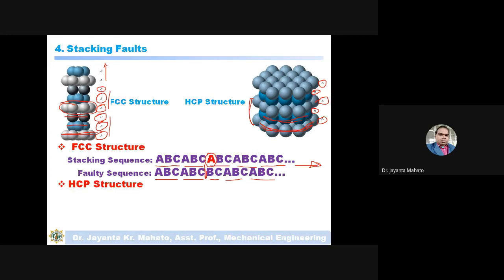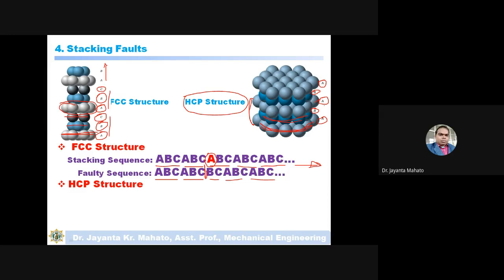Like in the HCP structure. So this is the HCP structure. In case of the HCP structure, this is called the stacking sequence, meaning the sequence in which the structure is formed.